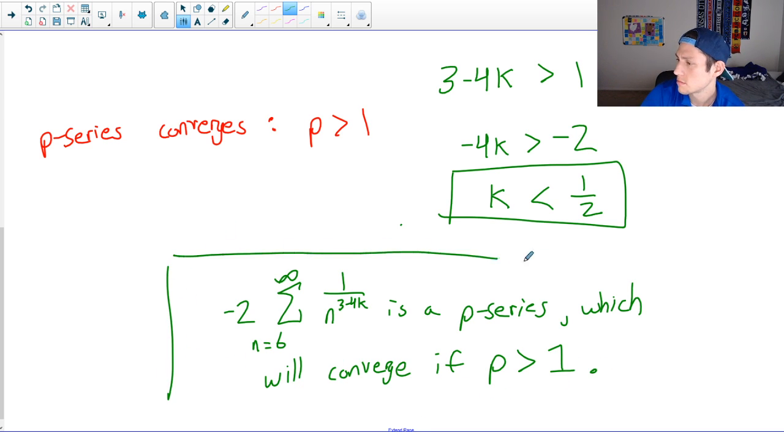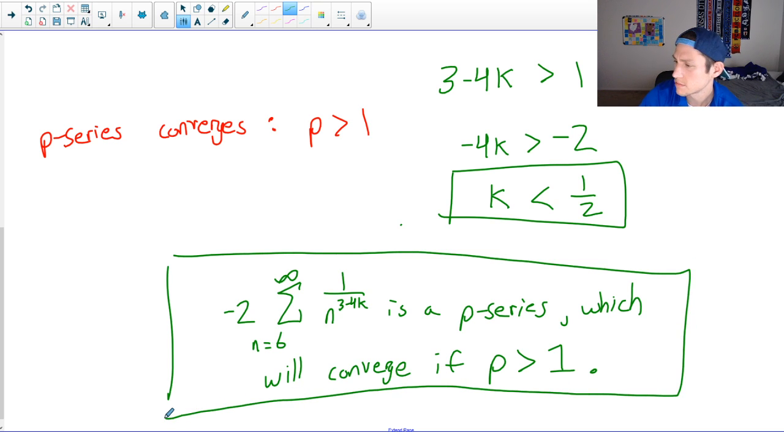Okay, so that's a good explanation. We manipulated our series so that it is a p-series, and we know that it converges if that exponent, n to the whatever, is something that's larger than 1. So in order for that to be larger than 1, we solved and found that k must be less than 1/2.